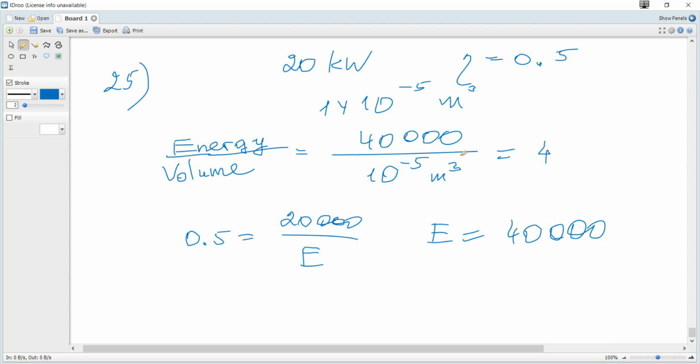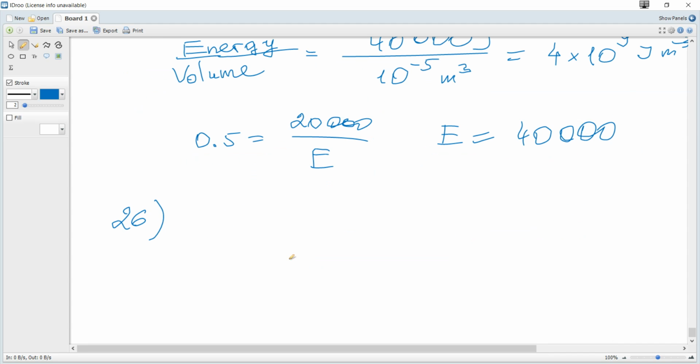So it becomes 4 times 10 to the power of 9 joules per meter cubed, and to the power of 9 it's giga, so it's 4 gigajoules per meter cubed. It's D, 25, D, correct. 26.